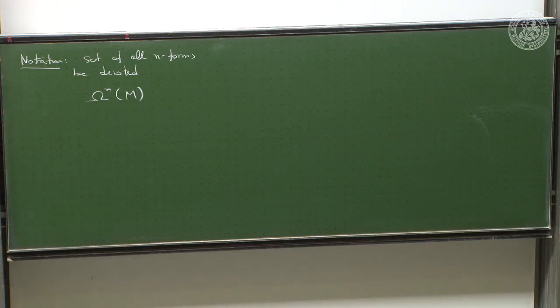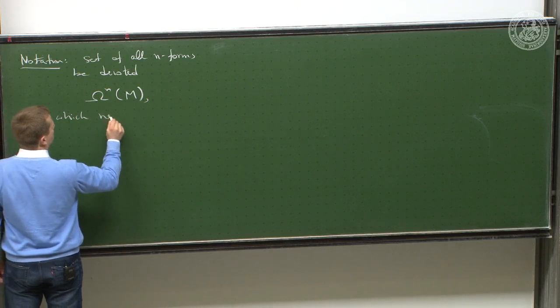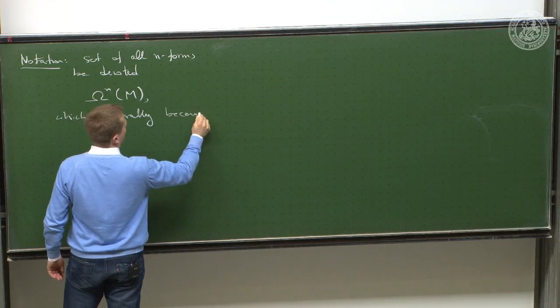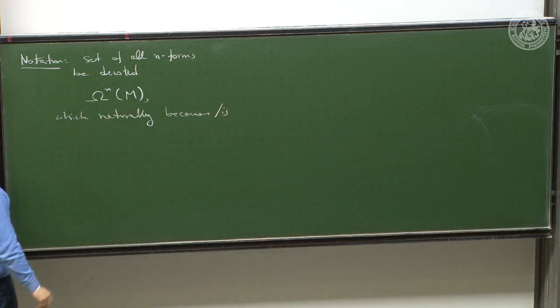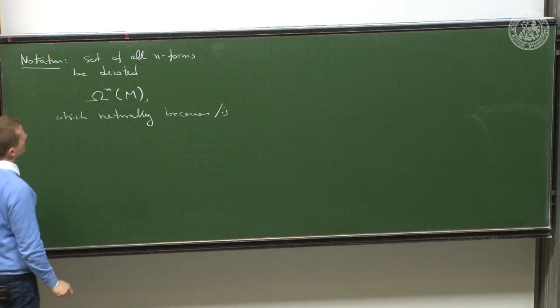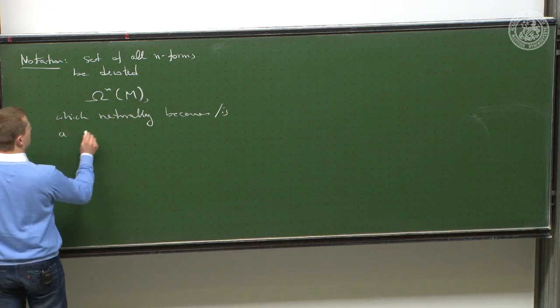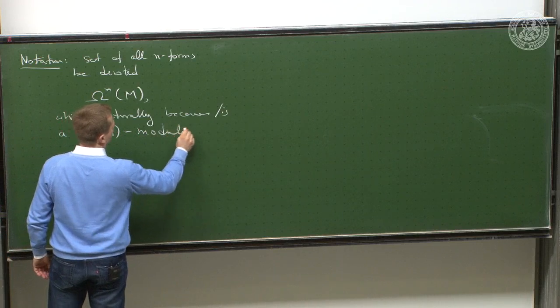So this is first of all a set, and if you equip it with the appropriate structures, you inherit the structures from the sections of the tensor bundle, it is a C infinity(M)-module.